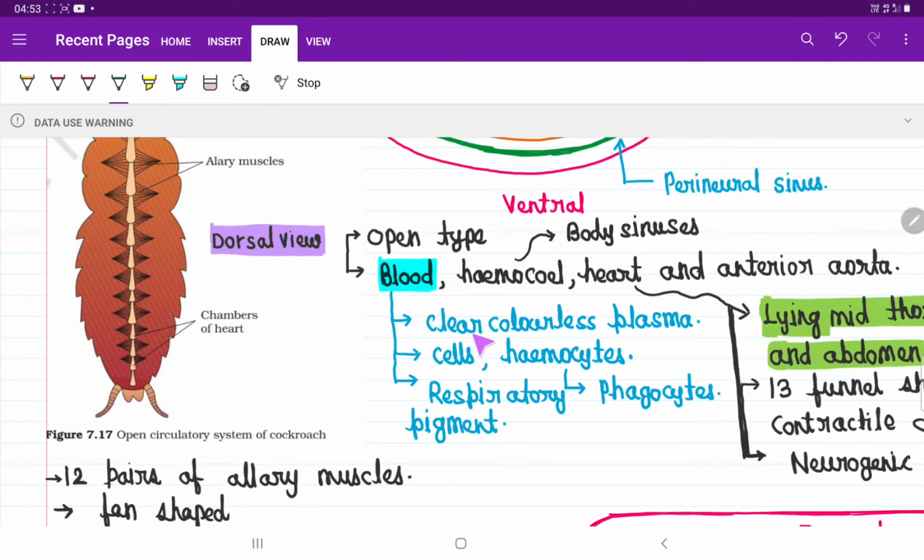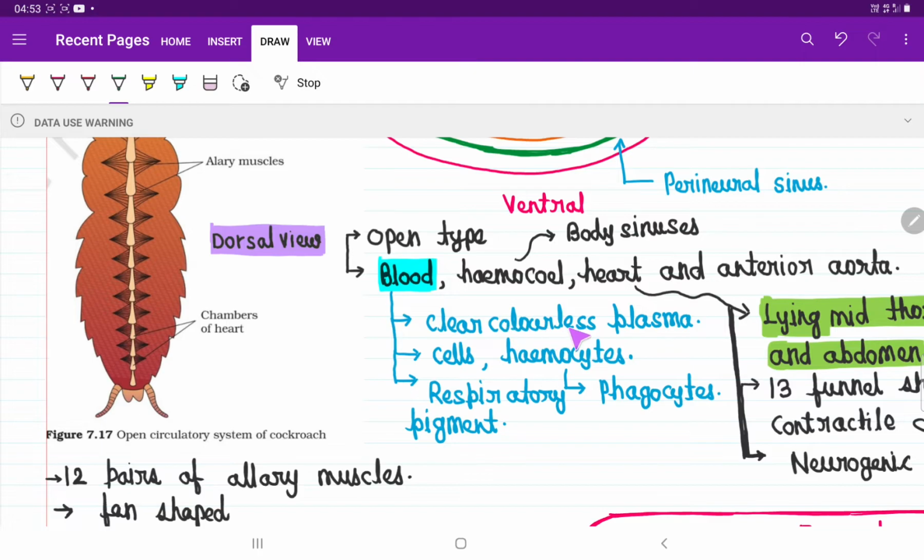This hemolymph is a clear colorless fluid, the plasma. And then they have cells also, that are called hemocytes, right? These cells will not carry any kind of respiratory pigment; respiratory pigment is absent. These hemocytes are phagocytic cells.